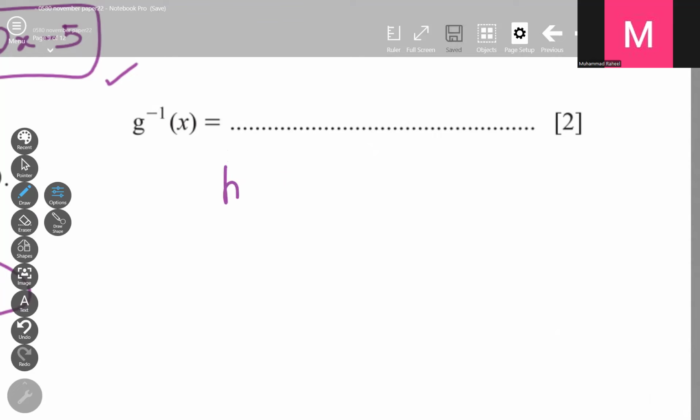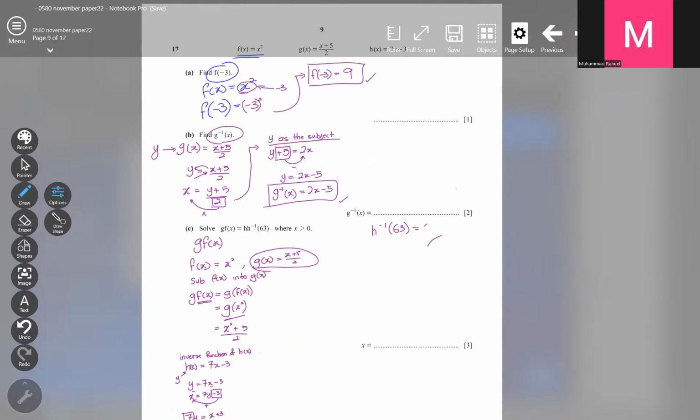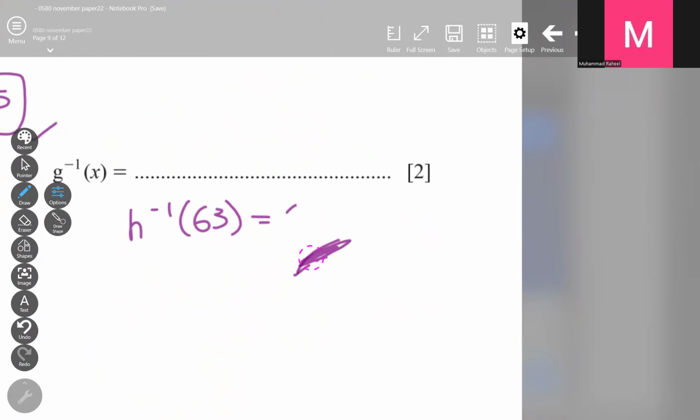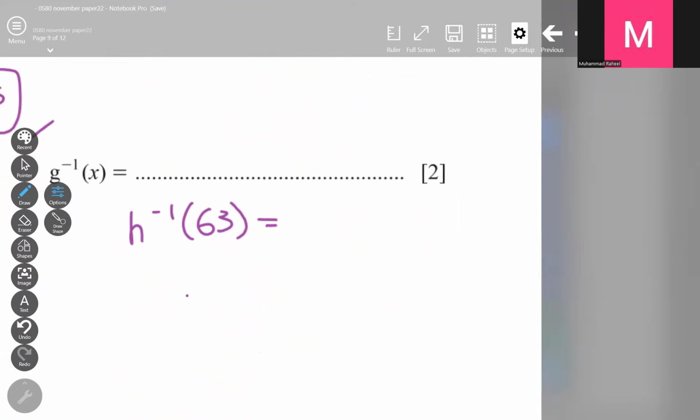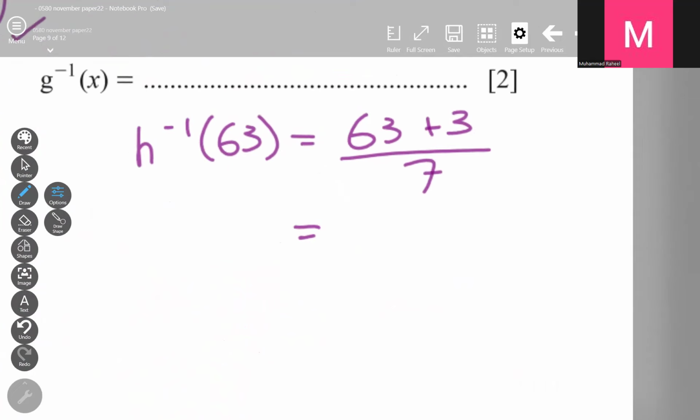We have h inverse of 63 is 63 plus 3 over 7, which is 66 over 7.